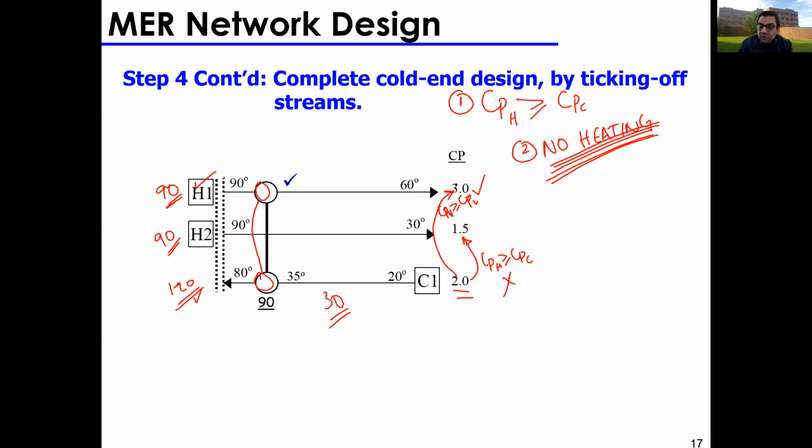However, there is no heating below the pinch. I can only cool below the pinch. So I can cool the stream, this will be thermodynamically valid, but I cannot heat the stream, right? It's not thermodynamically possible below the pinch. However, I still need to deal with this 30.